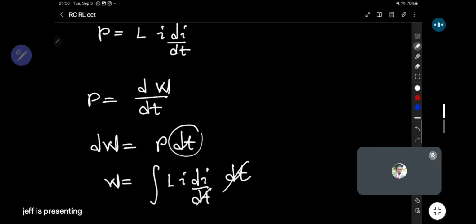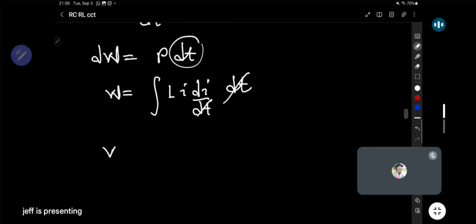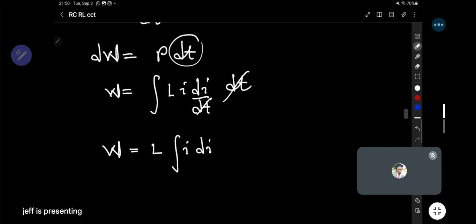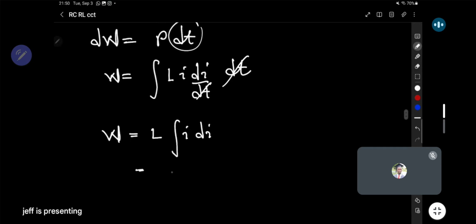The dt falls off, so that now this is just the integral. L is a constant, I di. So from here, when we integrate I, this is going to be 1 over 2 L i squared. This becomes the expression for the energy stored.